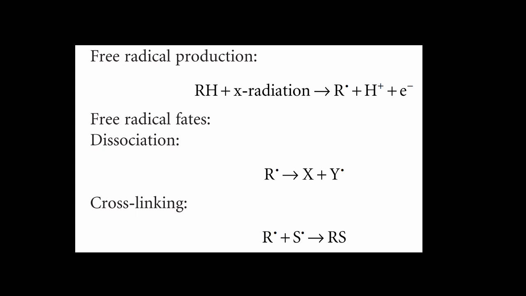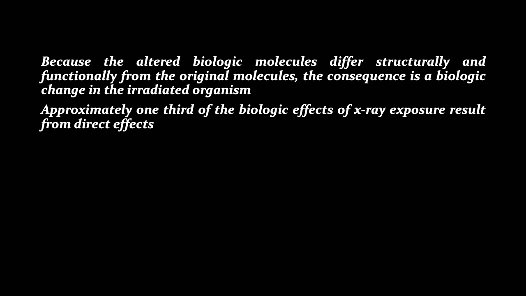There are two fates for these free radicals: dissociation or cross-linking. The free radical formed either dissociates to form X plus Y, which is another free radical, or it forms another stable compound by combining with another free radical, that is S. Although it forms another stable molecule, it differs structurally from the initial molecule, so there is a biological change that occurs in the stable atom as well.